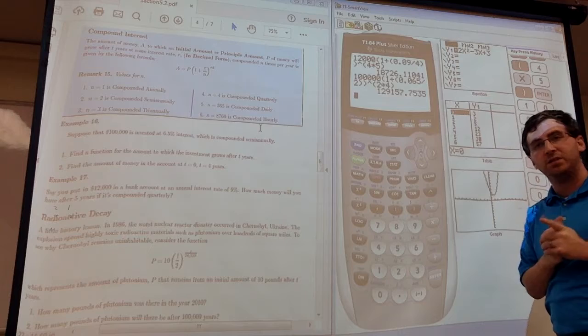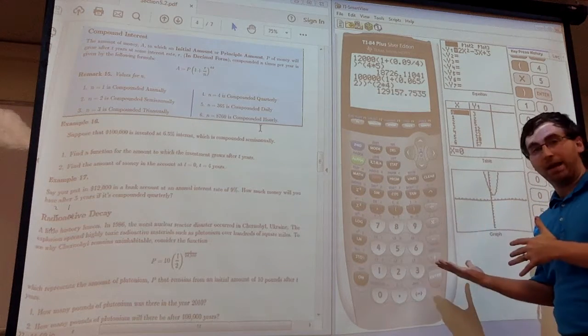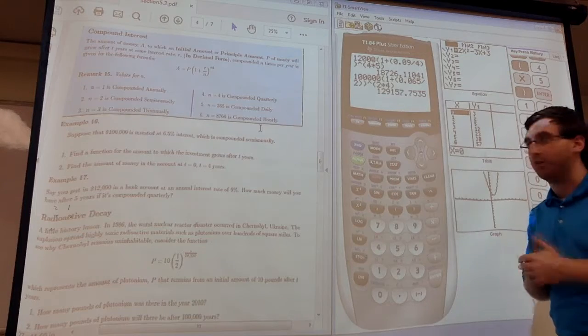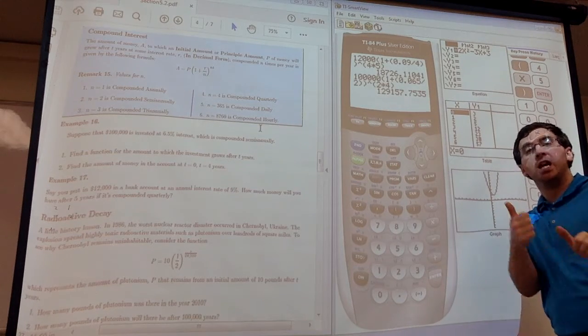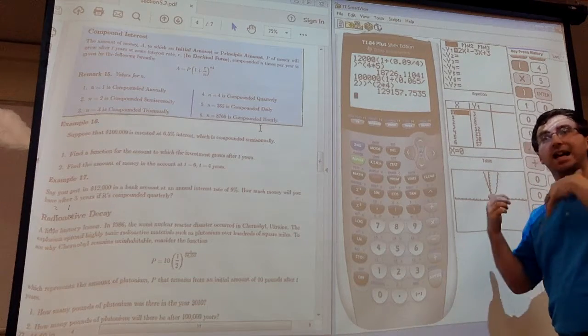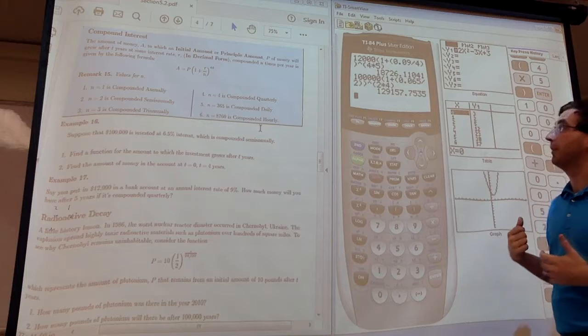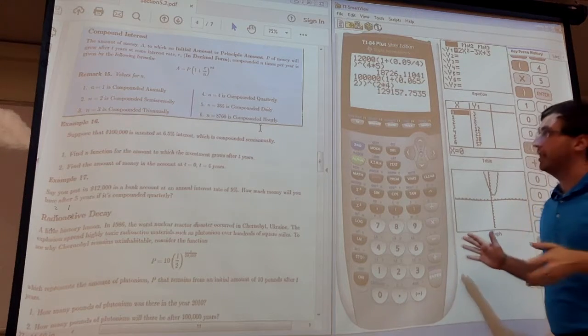And with compound interest, I strongly recommend using the calculator, whether it be a graphing calculator or a scientific calculator. I don't usually recommend calculators, but compound interest is the one type of problem I strongly recommend a calculator for. Okay? So hopefully this helped out a little bit.